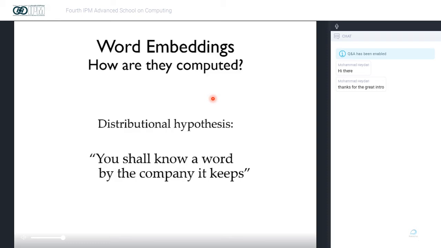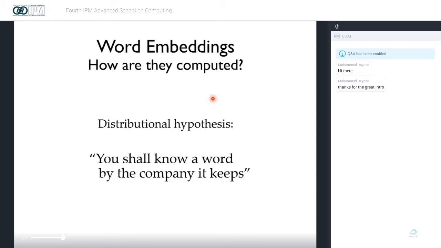The way of computing these semantic representations, or these embeddings, is in fact a very simple unsupervised approach based on what we call the distributional hypothesis, according to which you shall know a word by the company it keeps. So the idea is simple here. You try to model a word based on the surrounding words.